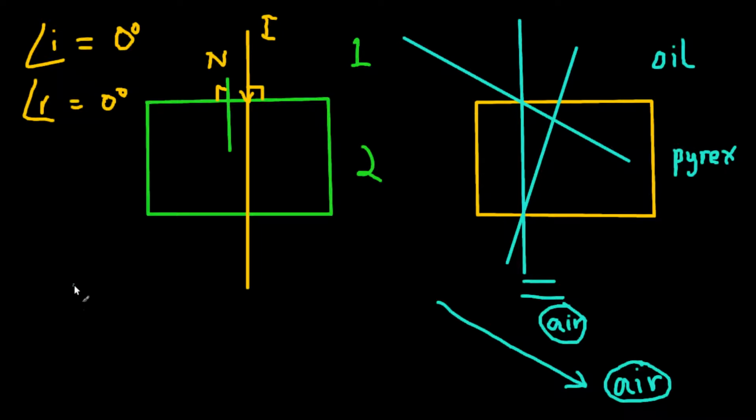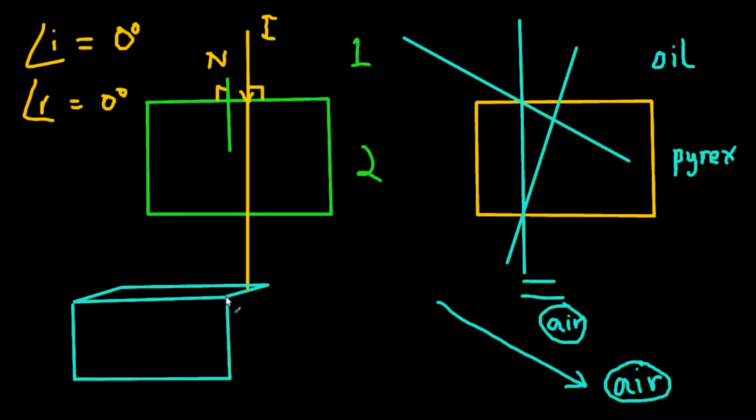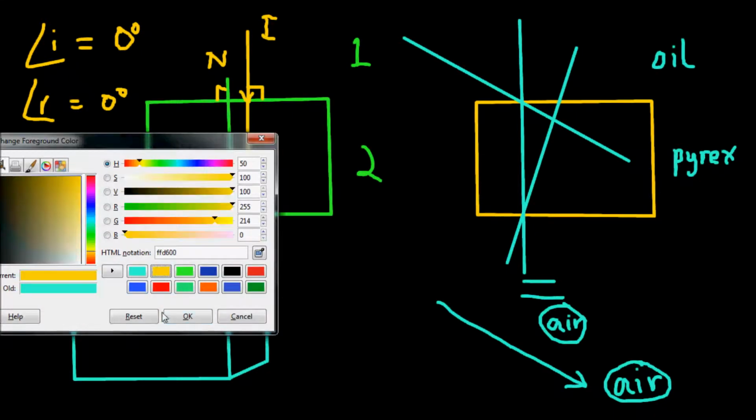The incident ray, refracted ray, normal, and the point of incidence lie in the same plane. All that's saying is that if you have a glass block like this, say this is a side view, and you put a ray onto it like this.